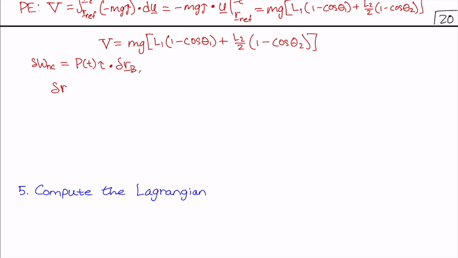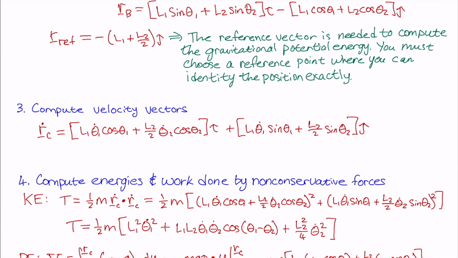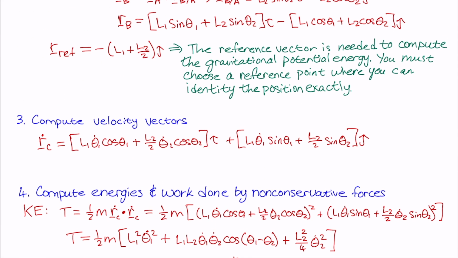And remember, these deltas represent virtual displacements, and they're not infinitesimal like a d would be, but they still obey the rules of differential calculus. So we're going to take a derivative. If we go back up and look at what r_B is, we're going to take derivatives of this term, and instead of pulling out a d theta 1 from the sine, we're going to pull out a delta theta 1 and also a delta theta 2.